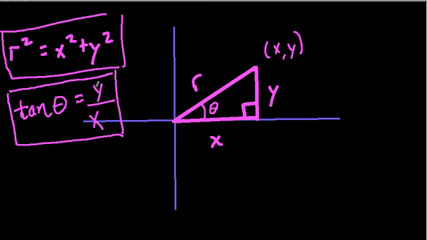And more specifically, we can get this a little bit neater with x and y. Now, we could solve this equation in terms of y or x. We could say, for example, if I multiply both sides by x, I would get x times the tangent of theta equals y. And then you can also go with x equals y over the tangent of theta.